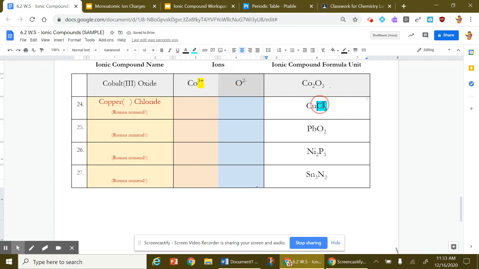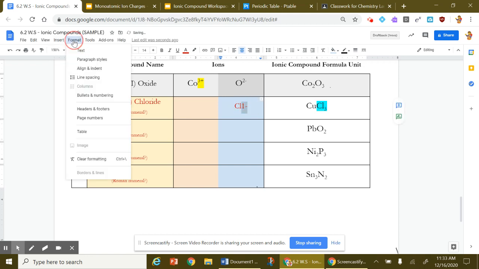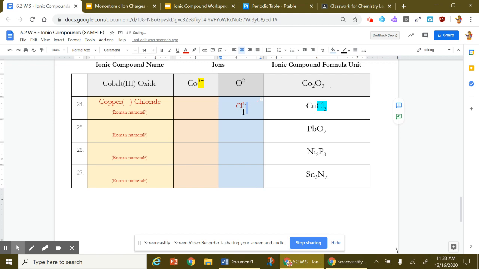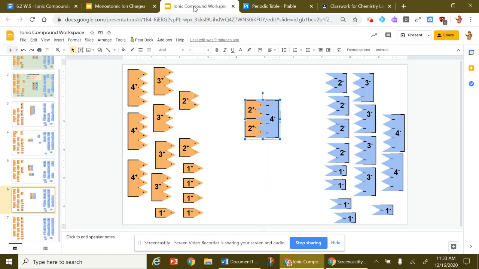Because I know what the charge of a chlorine is. Chlorine is 1 minus. So there are 3 chlorines here. Count them with me.